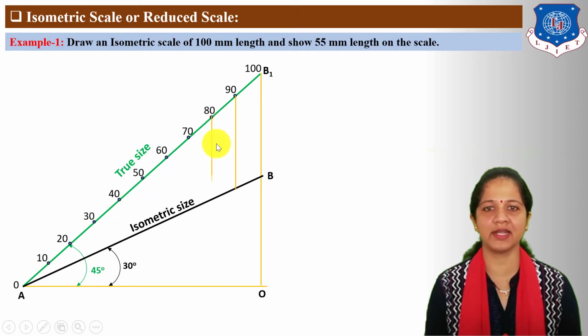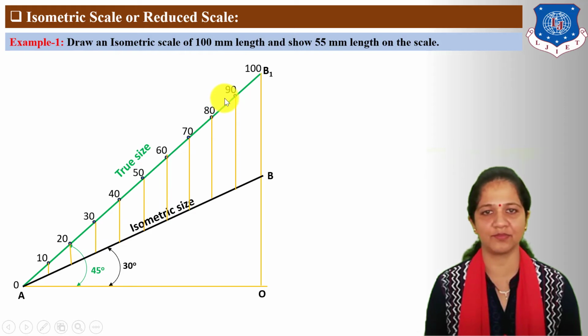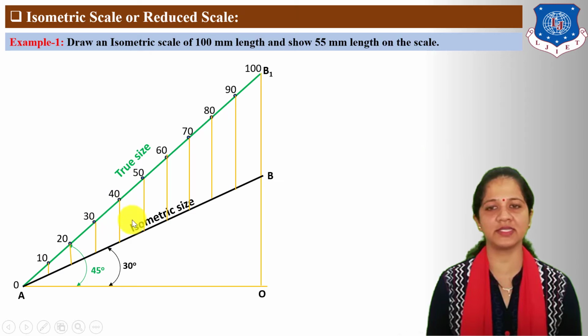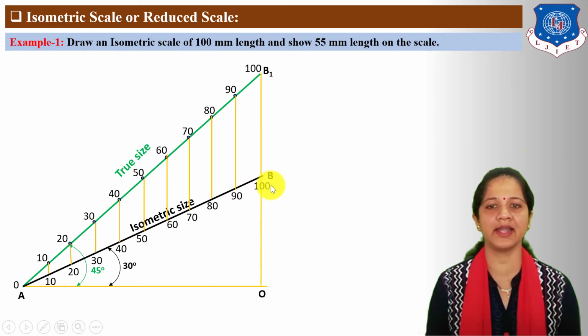Similarly draw vertical lines from 80, 70, 60, 50, 40, 30, 20 and 10 mm true size points. Now the intersecting points of these vertical lines on AB line indicate here 10, 20, 30, 40, 50, 60, 70, 80, 90 and 100 mm isometric size.